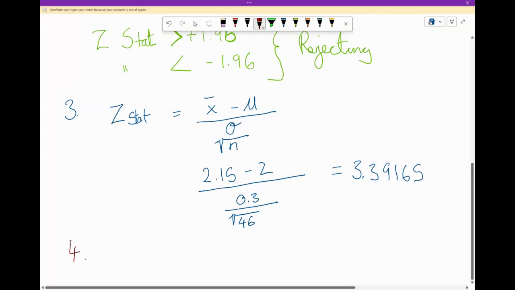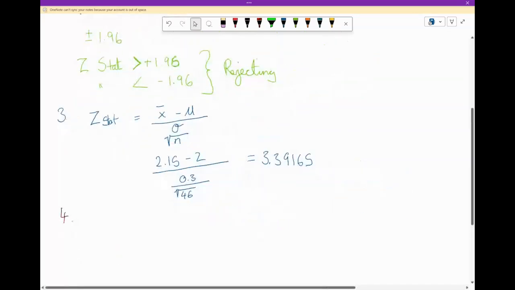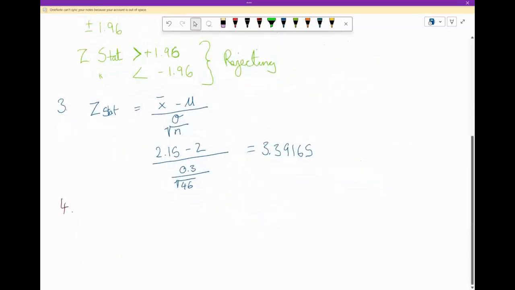Compare what we have calculated, the results of our experiment, basically, with our decision rule. So we said, can you see here? We said if the Z statistic is greater than 1.96, we're rejecting. And if it's less than negative 1.96, we are still rejecting.